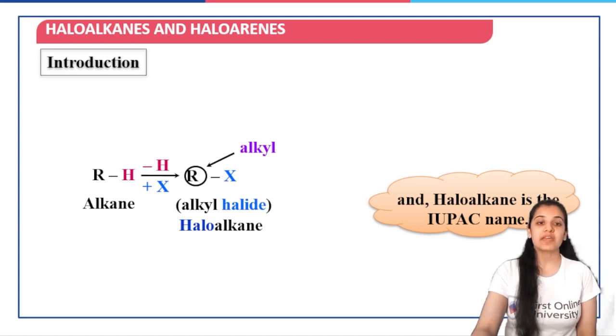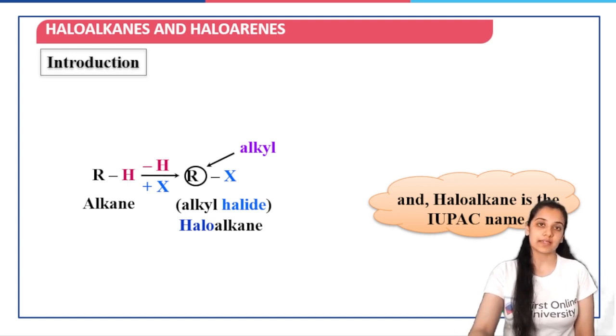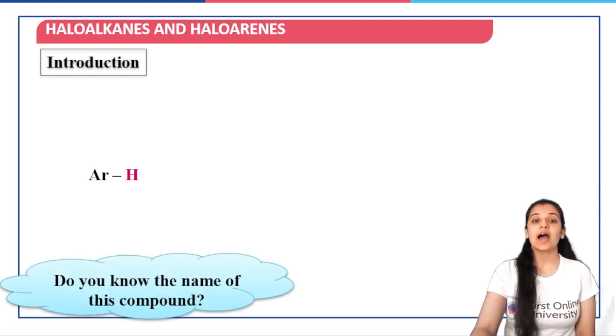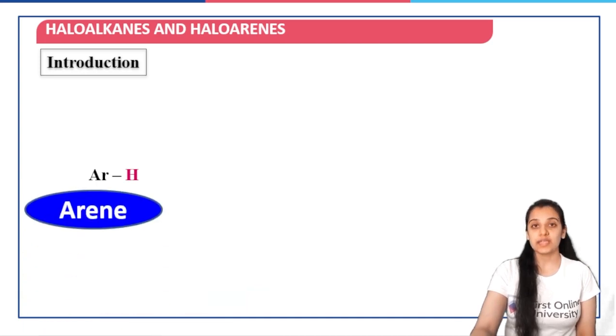For example, if we have say CH3CH2Cl, when we call it ethyl chloride, that is the common name, but when we call it chloroethane, it is the IUPAC name. I hope the difference is clear to you. Now, when I say ArH, here Ar is basically an aryl group, so this is basically an arene.